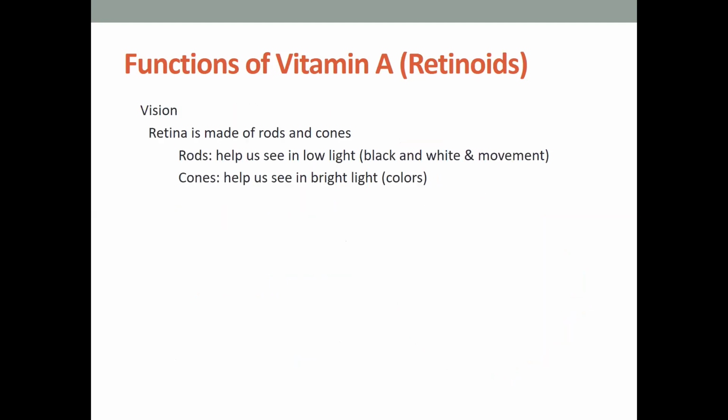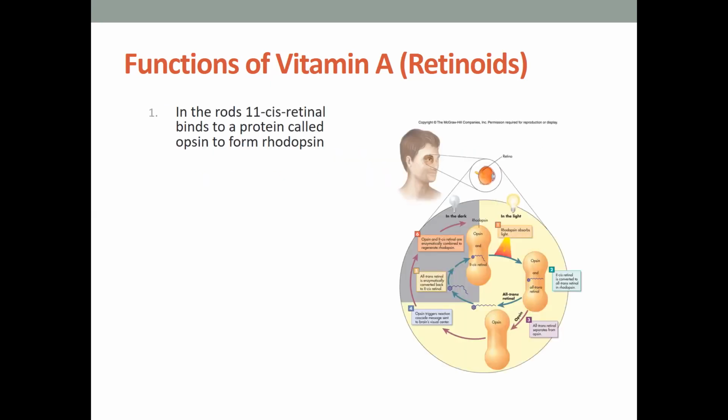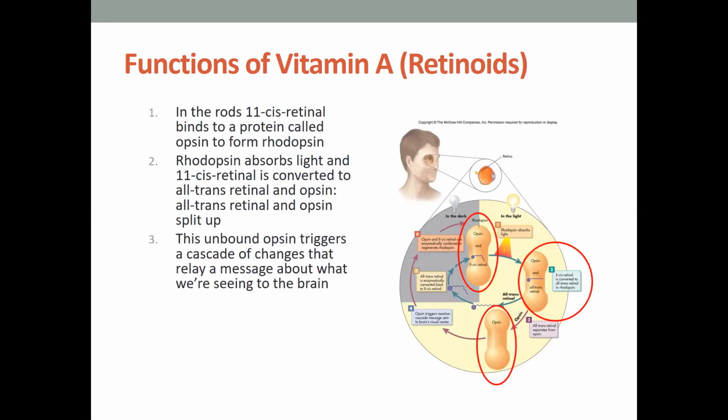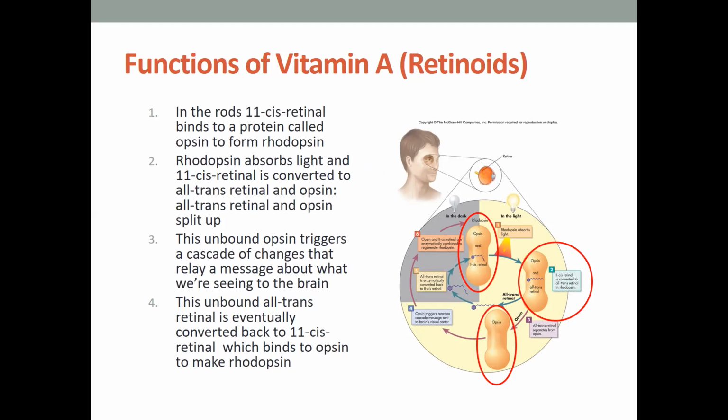And the rods are the part, as we go back, that help us see in low light. So help differentiate between black and white. So what is vitamin A important for? It's really more important for your night vision. It has nothing to do with whether or not you need glasses. It has to do with whether or not you can see in low light.